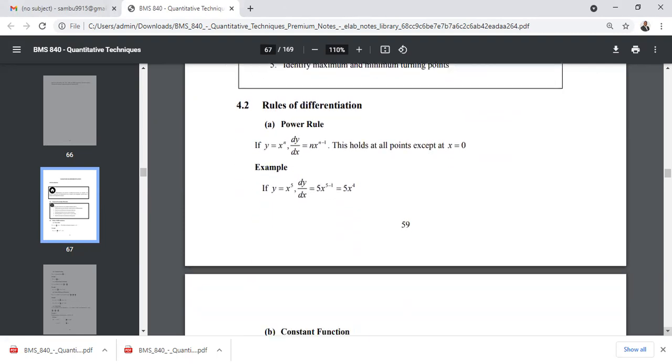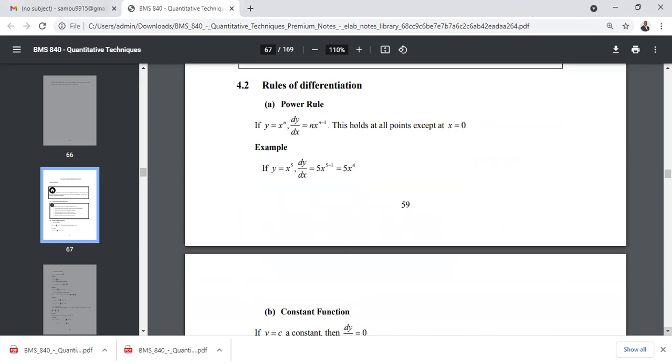So these are the rules of integration. We've done most of these things apparently. We said in integration, we normally add 1 to the power and divide by the new power. But when we come now to differentiation, it is the opposite.